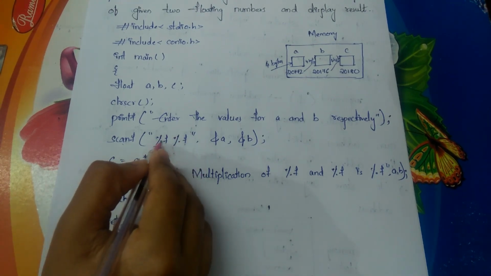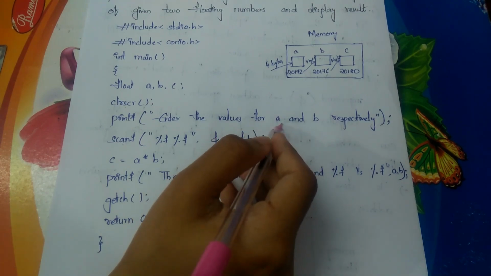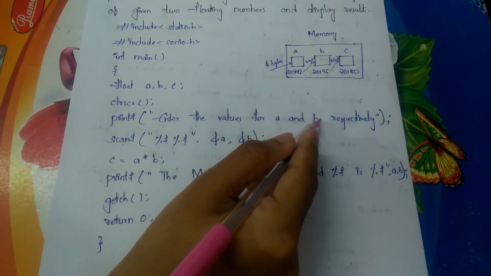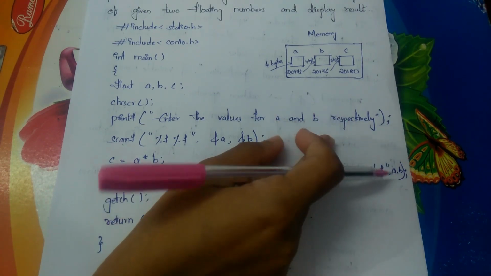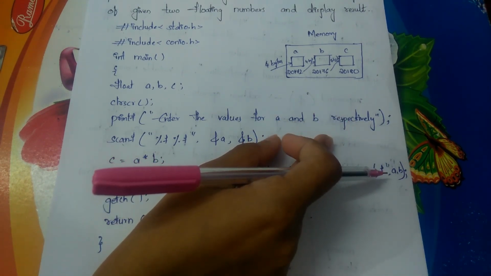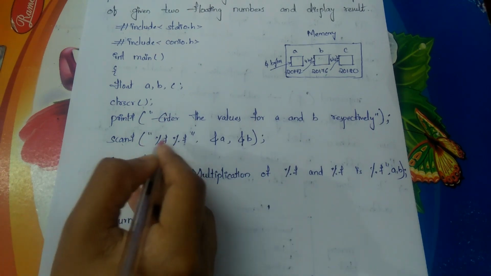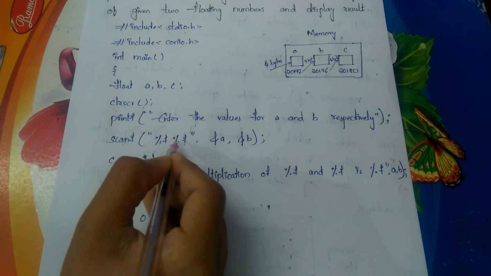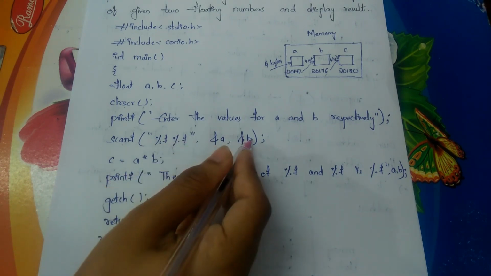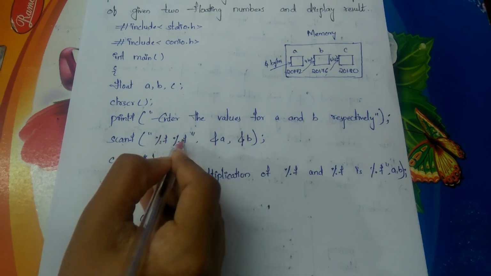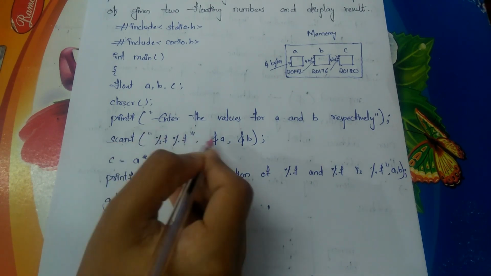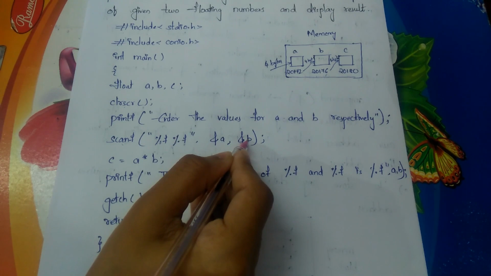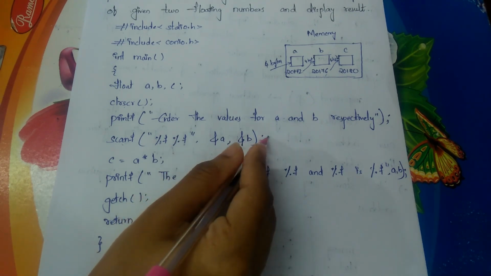As we are giving two inputs from the keyboard, we have to use two format specifications: the first %f is for a and the second %f is for b. So the first is for &a, then comma, the second is for &b, ended with a semicolon.